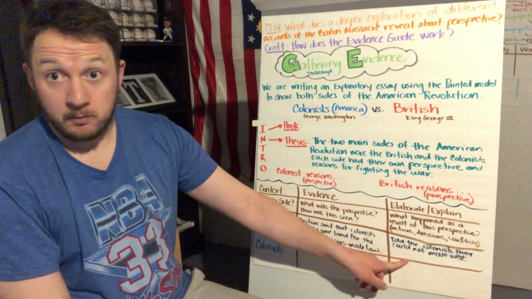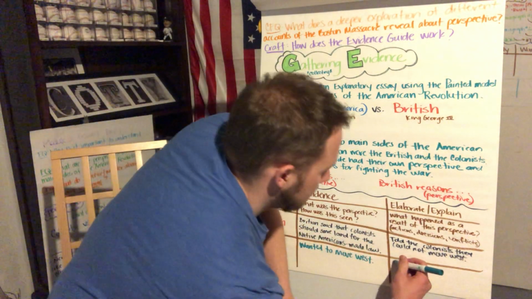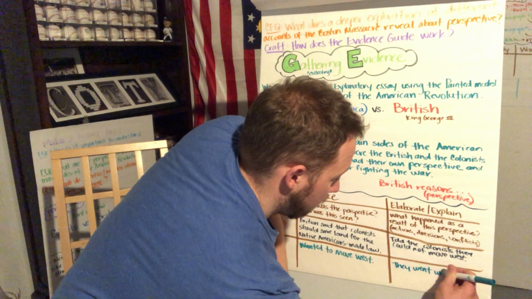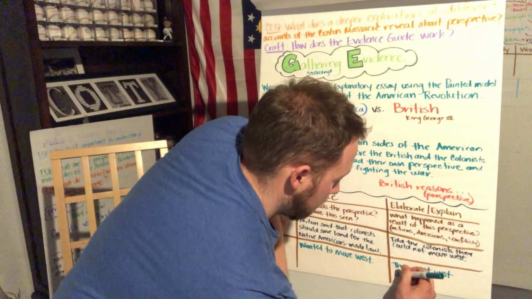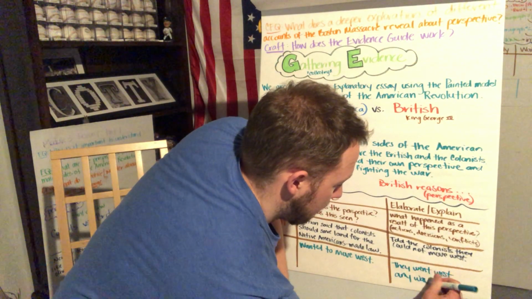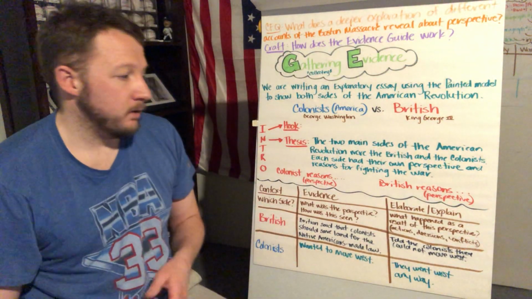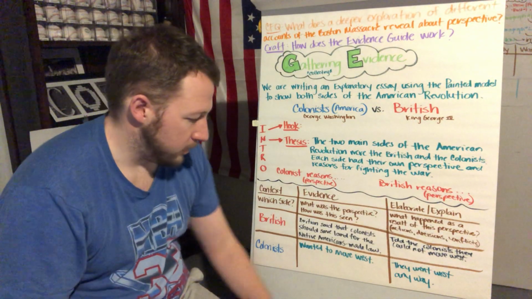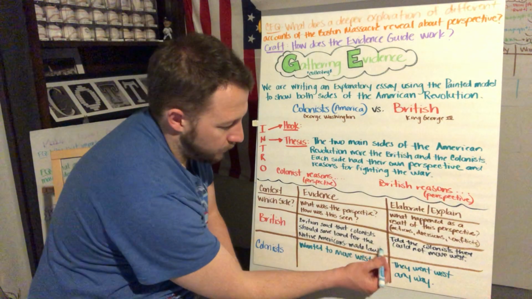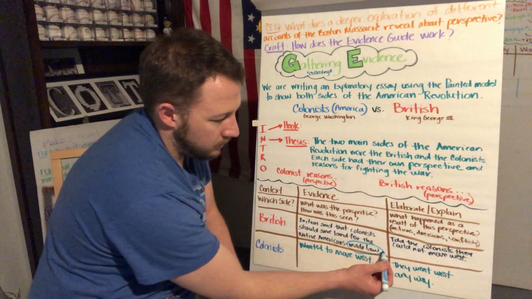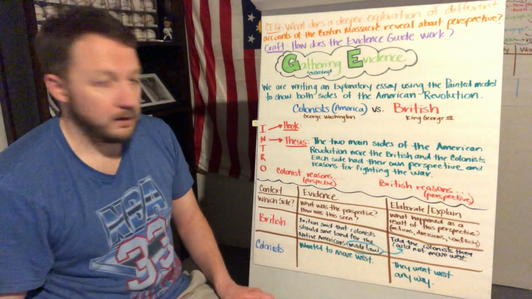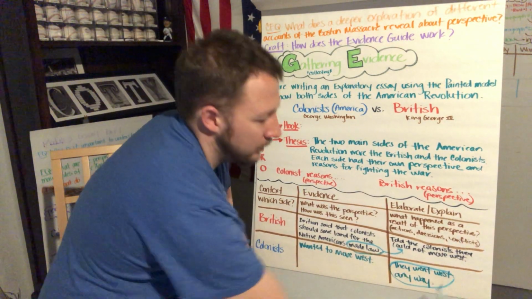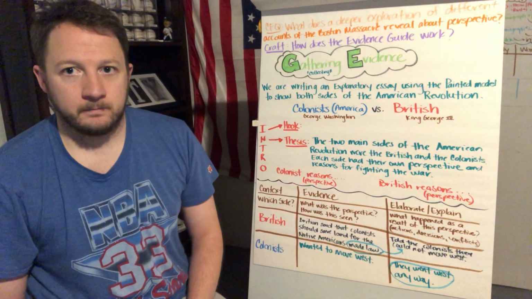So what they did, because they wanted to move west, is that they went west anyway. Now this breaks down that the British made a law saying the colonists could not move west, but the colonists did it anyway.